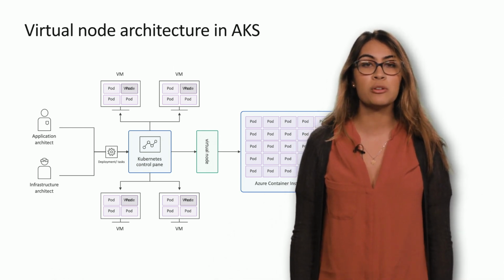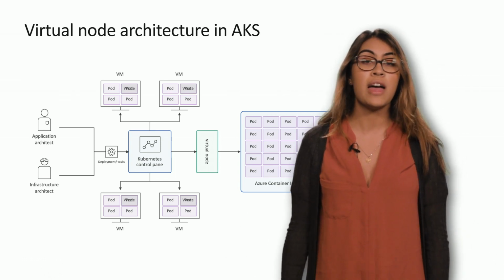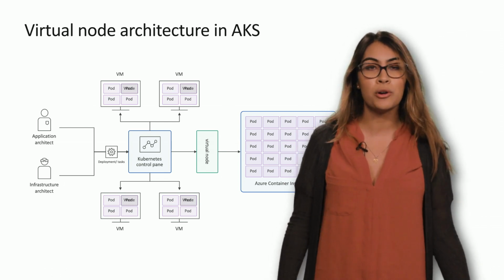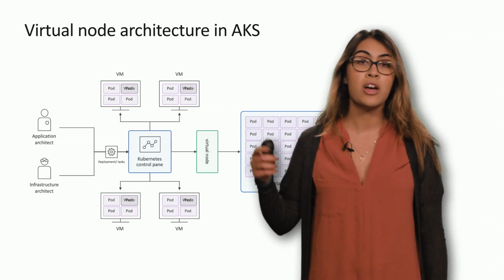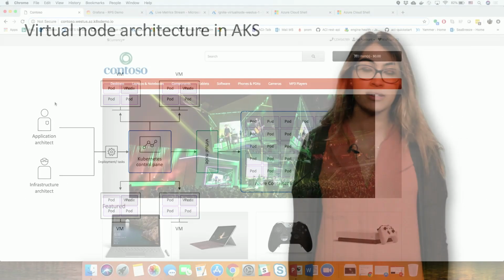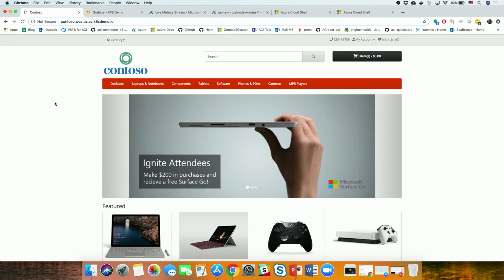So now what I'm going to do is take you through a demo of first how to install Virtual Node in Azure, and then how to actually use Virtual Node in your own applications and how to auto-scale from your cluster to Virtual Node itself and to Azure Container Instances. So now that we've already installed Virtual Node in my cluster, I've gone ahead and installed an entire application.